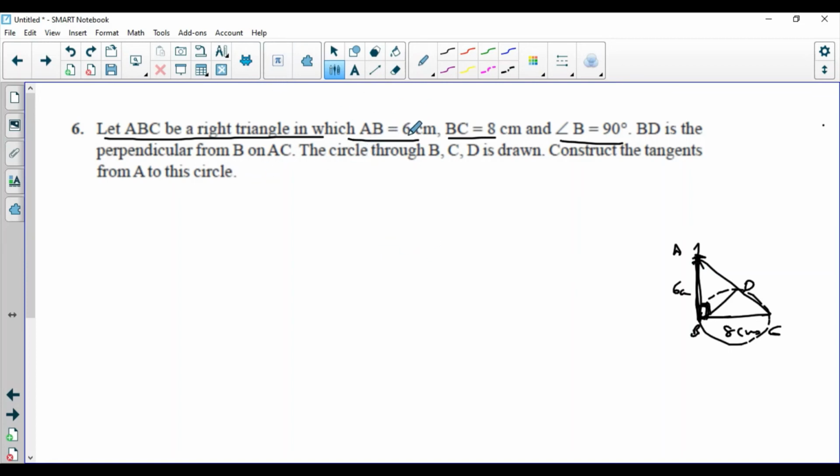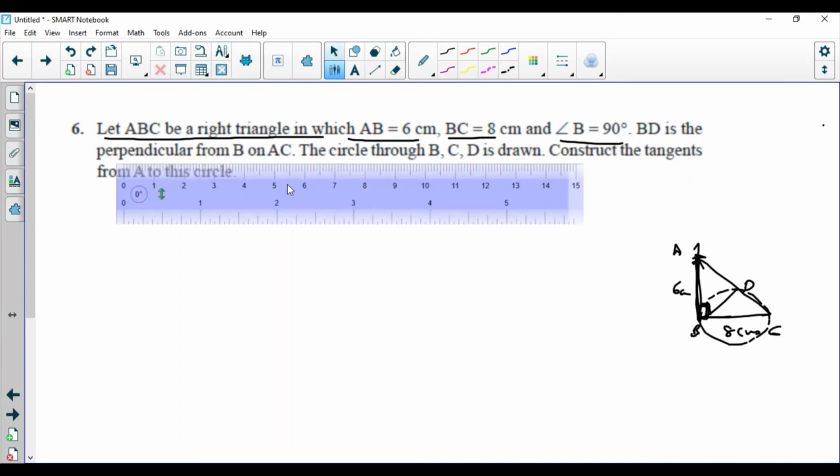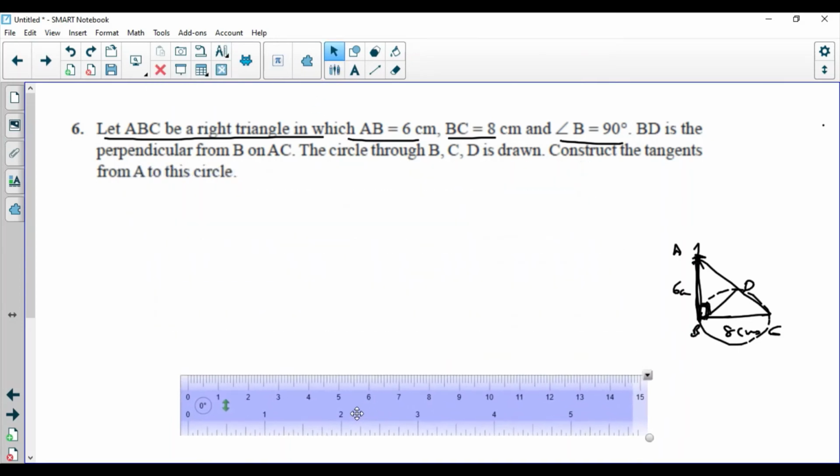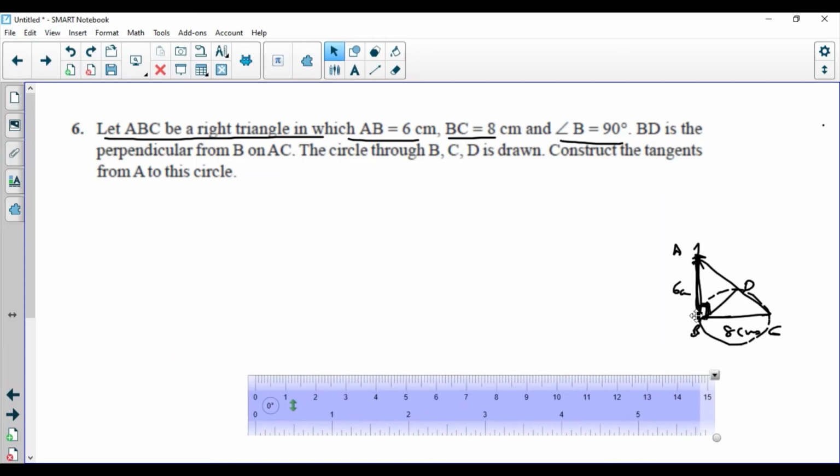So step by step we will follow. First step is we'll draw AB as 6 centimeter. Sorry, BC 8 centimeter. Base side we should draw first.